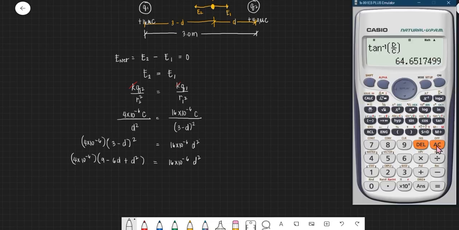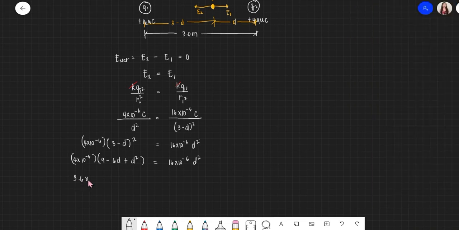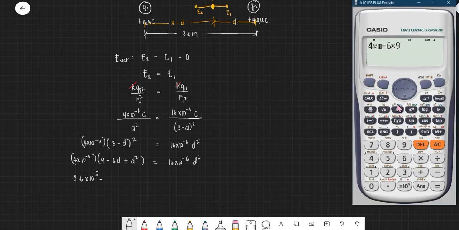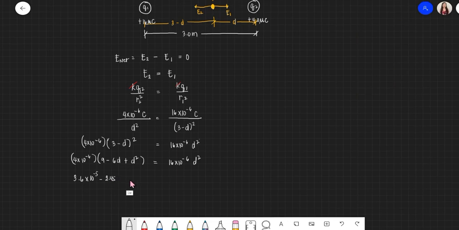Just to show, 4 times 10 to the negative 6 times 9 equals 3.6 times 10 to the negative 5, minus 2.4 times 10 to the negative 5 D, plus 4 times 10 to the negative 6 D squared equals 16 times 10 to the negative 6 D squared.